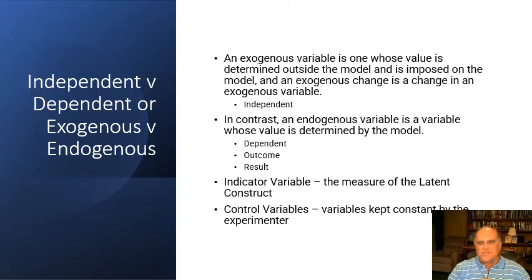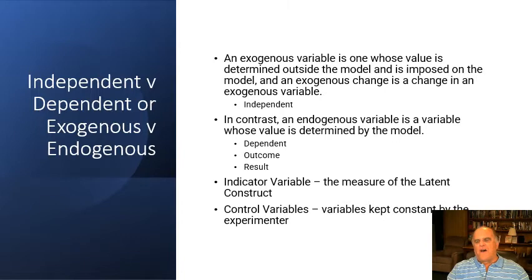Two other variables we should probably talk about: indicator variables. Of course, latent constructs are hypothetical, so we have to measure them. We usually measure them through indicator variables or manifest variables. For example, we measure intelligence by giving an intelligence test that's composed of different intelligence test items. We measure conscientiousness by giving a personality test of conscientiousness, which is composed of conscientiousness test items.